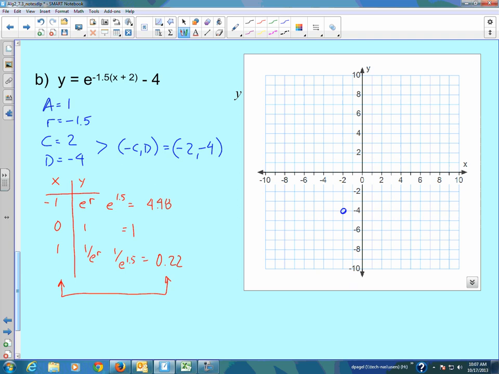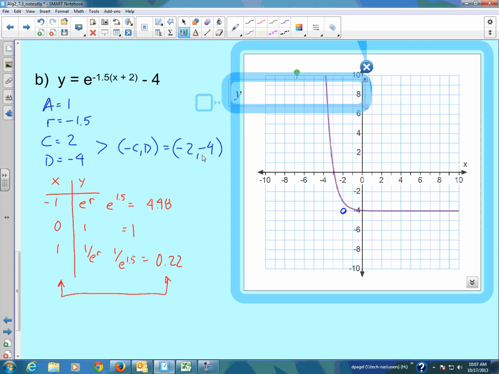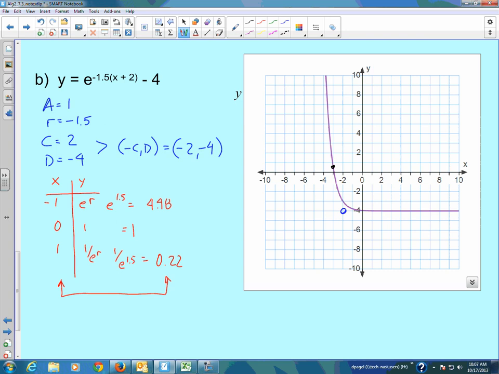Let's see what we get. So left 1, up 4.48, 1, 2, 3, 4.48, right about there. Left nothing, up 1, right 1, up 0.22.